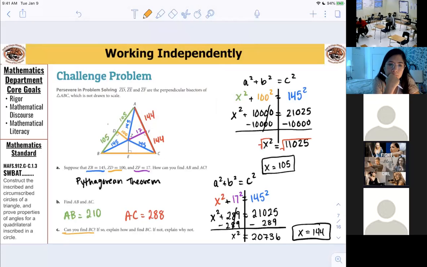I'm trying to find BC. Would C also be 145? From CE? The line segment is 145, but we're talking about line segments, not angles.